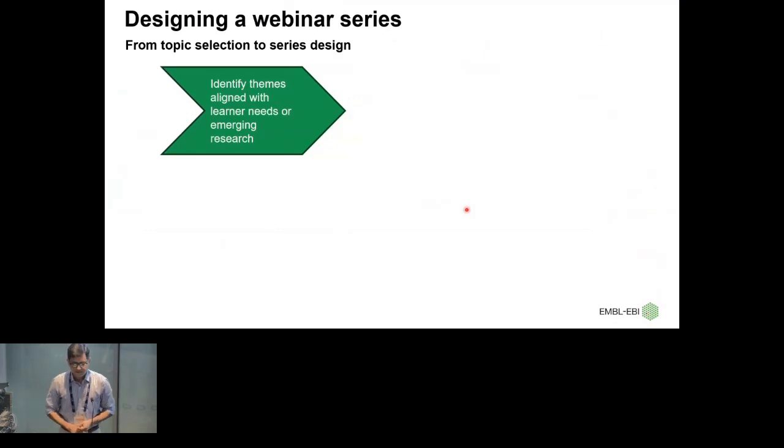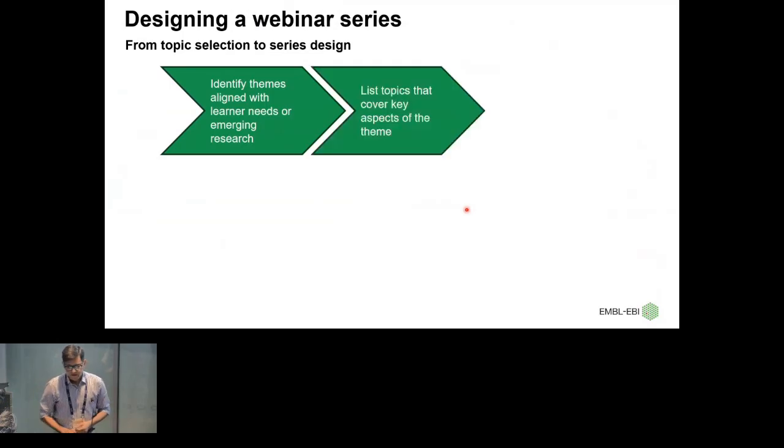All right, so first, how you design the webinar series. You first select a topic that you would like to run your series on. This theme could be anything around emerging science, depending on whether there are gaps in your training content that you would like to create a resource on. The next step is to list topics that would cover all the key aspects of that theme.